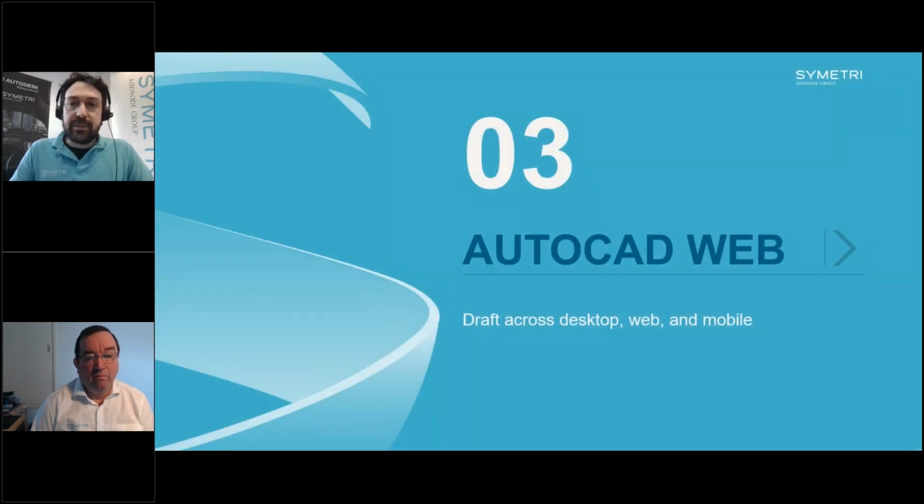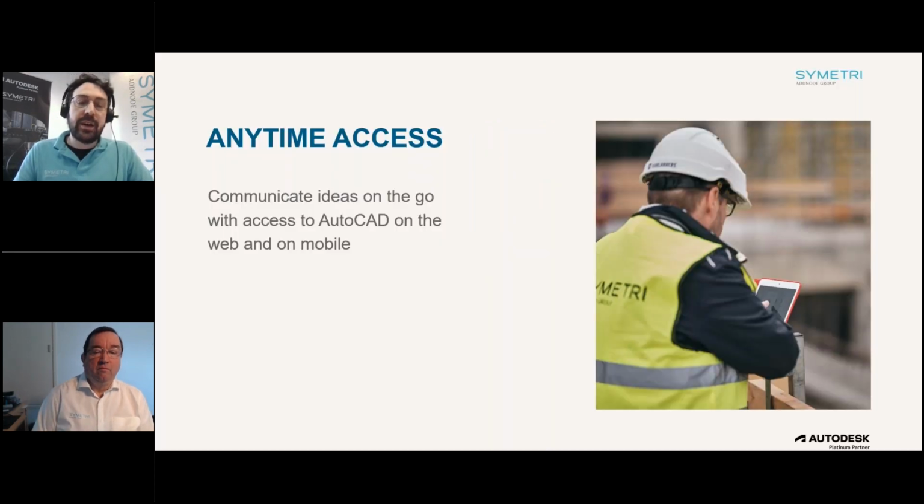The third tip that I want to give you is the AutoCAD web application. This web application is included with your subscription, so you can just go inside your browser and access AutoCAD, and you can use AutoCAD from the browser.